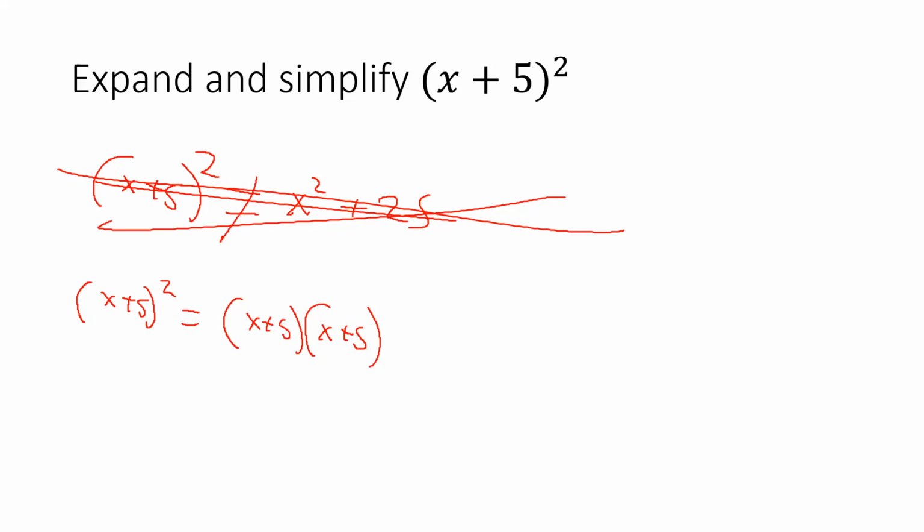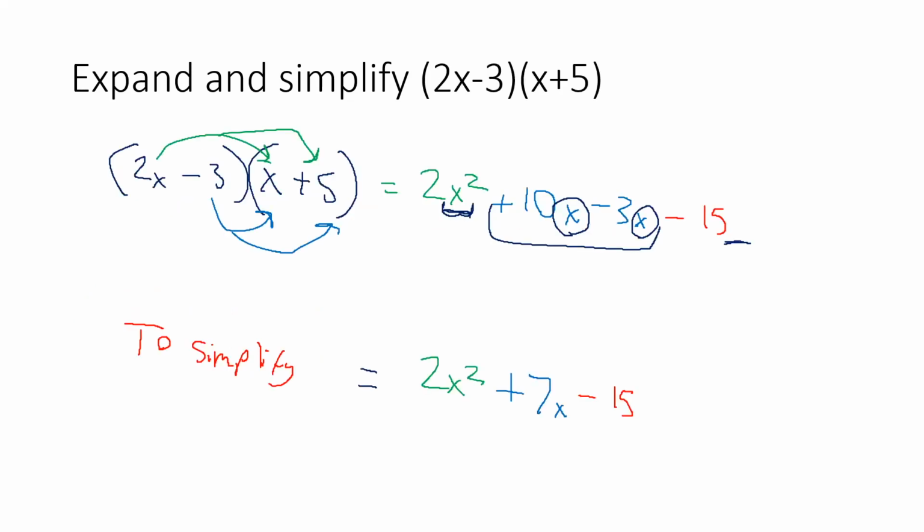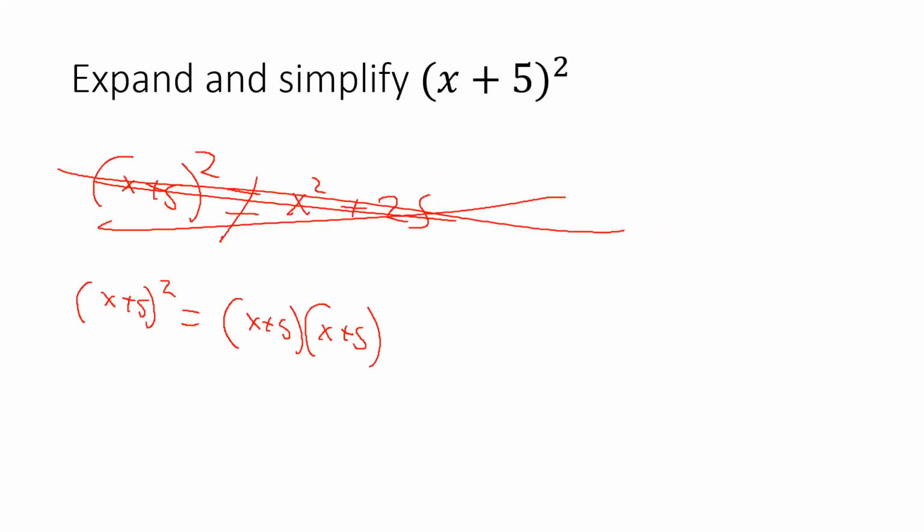So now all we're going to do is the exact same as what we've done throughout the past 2 slides of this video. So x times x is simply going to be equal to x squared. x times 5 is just going to be equal to 5x. 5 times x is just going to be equal to 5x. And finally, 5 times 5 is equal to 25.